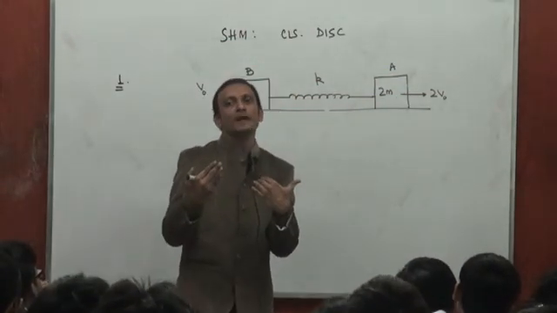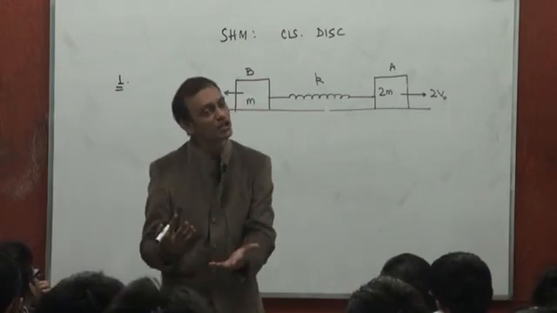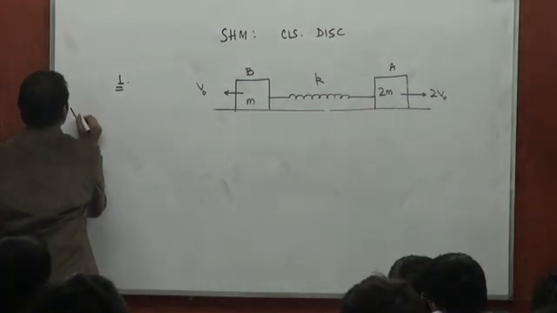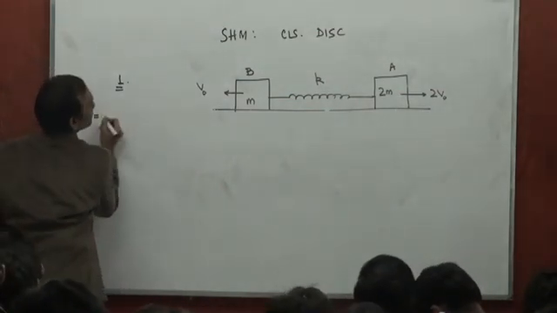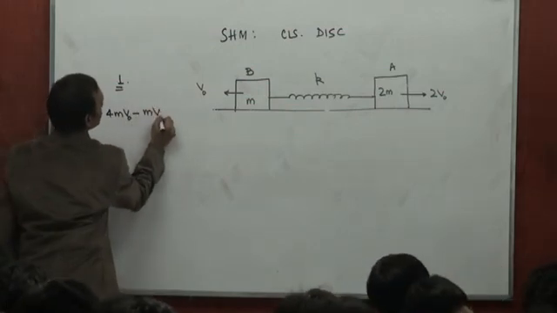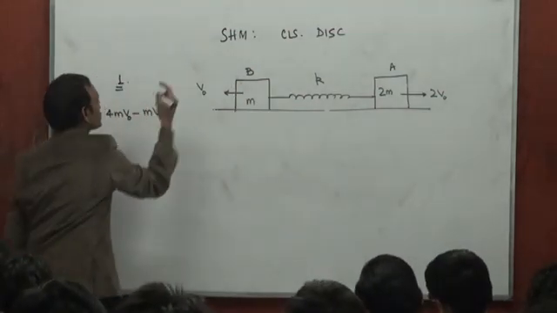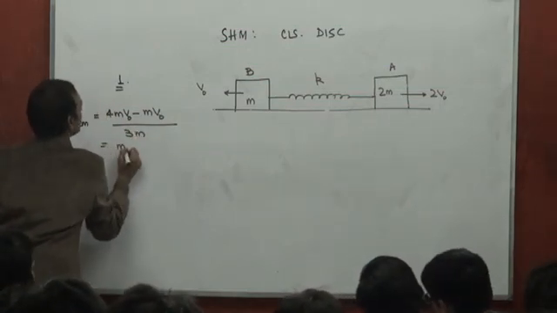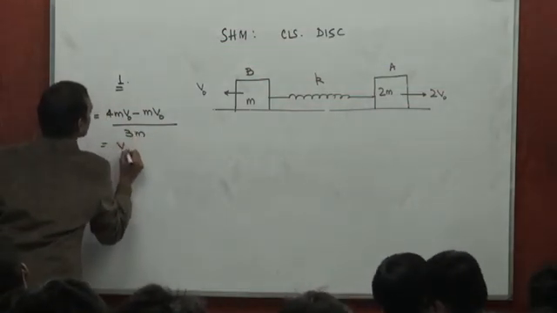So first thing that I'm going to do is to find the velocity of the center of mass, right? So the velocity of the center of mass is going to be 4mv0 minus mv0, that direction positive, this direction negative, divided by 3m. So mv0 by m, v0.